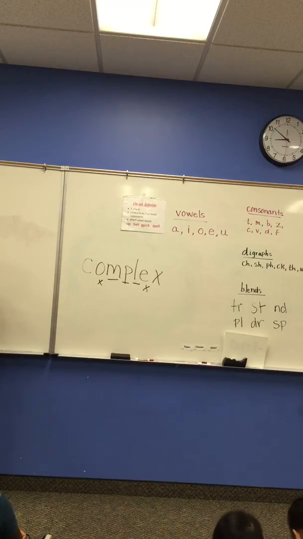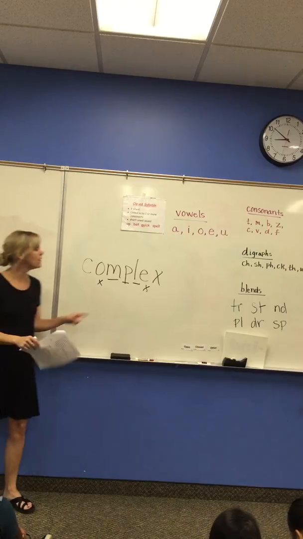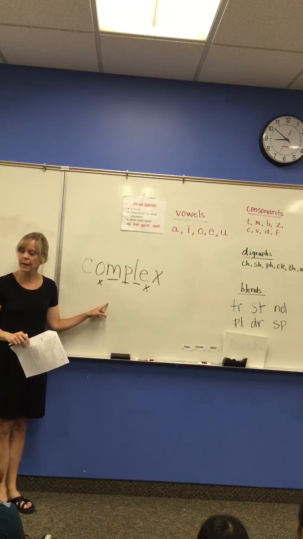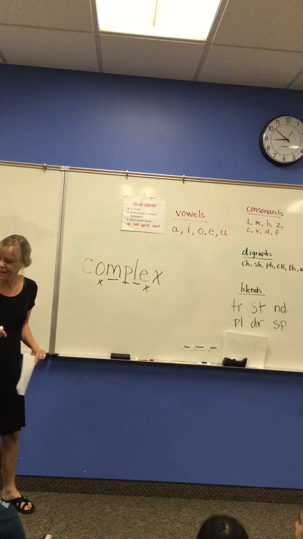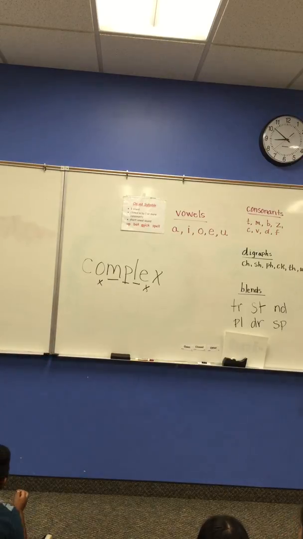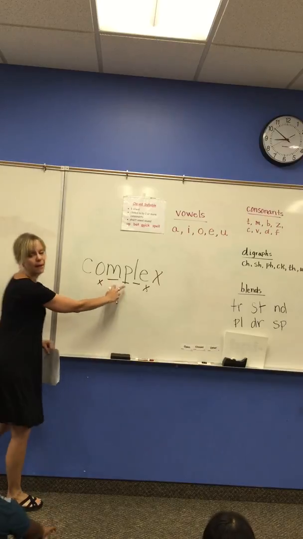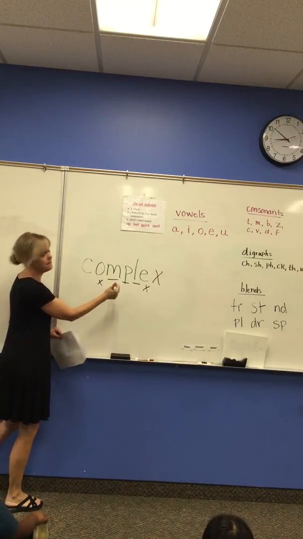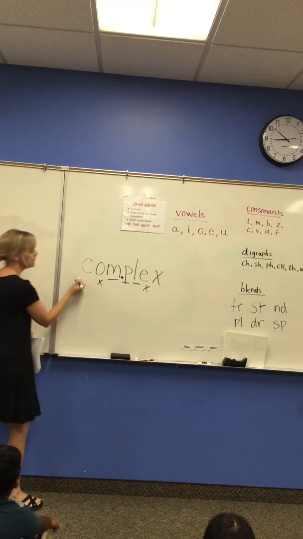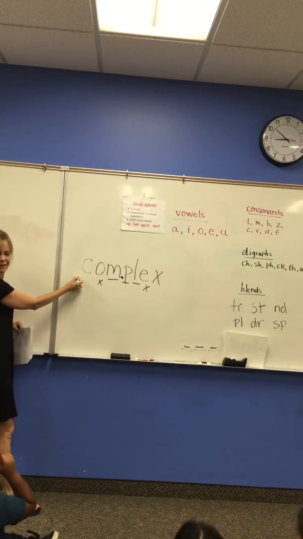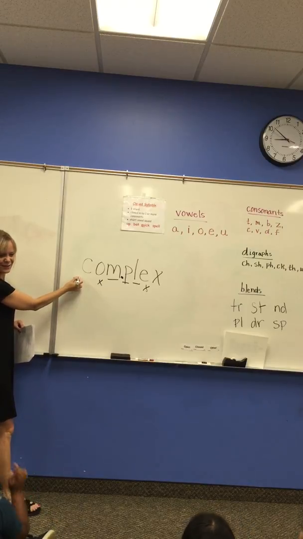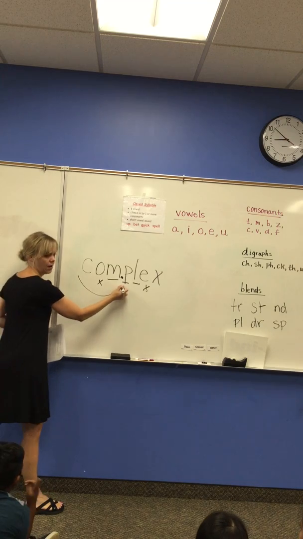Everybody, what's the blend? P, L. So where are we going to break? Between the M and P. Nice job. So say both letters, okay? M and P. Elbows up. Eyes on the word. Let's scoop and read.